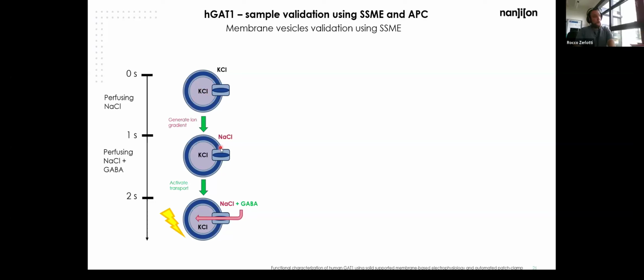So what we obtain now is just the chemical gradient of sodium that wants to go in, but still nothing is moving. We just have this potential force from sodium outside. And then for another second, we perfuse a solution containing, again, sodium and GABA. So this time we have our main substrate, the transporter is set into motion, and we can read the current.